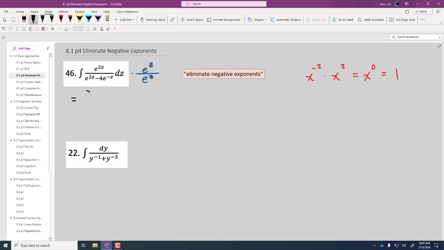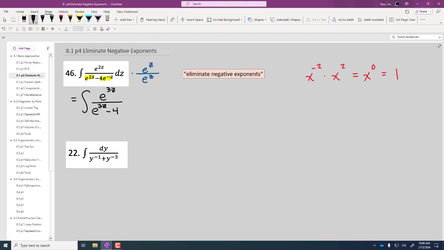In the numerator, we end up with e to the 3z. And in the denominator, this e to the z has to be distributed. So e to the z times e to the 2z is e to the 3z.